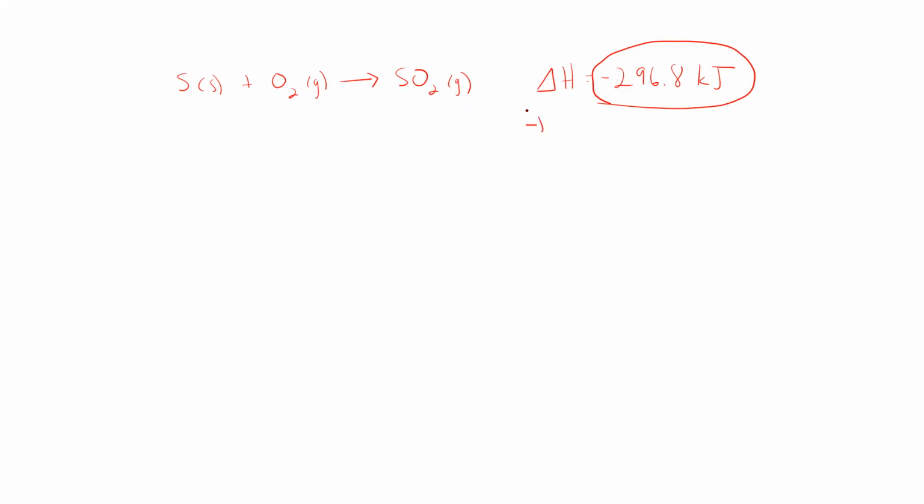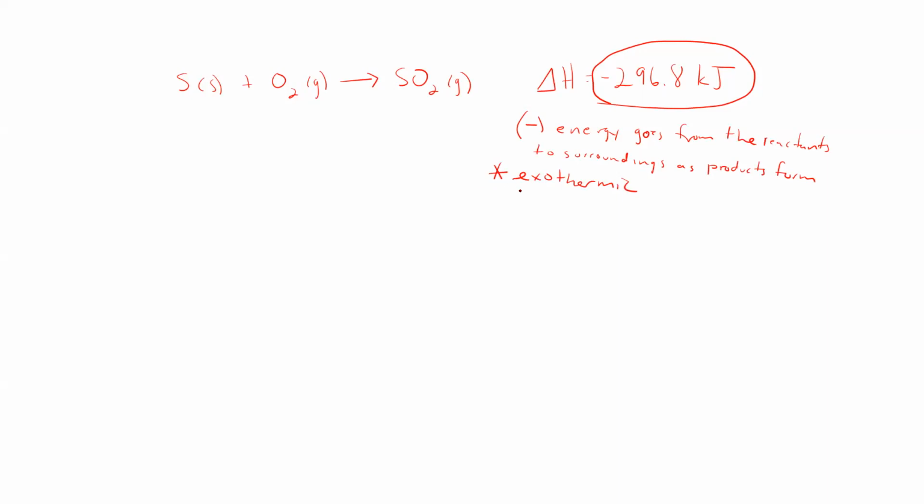So the negative enthalpy change says that energy goes from the reaction, or from the reactants, to the surroundings as products are produced. That is an exothermic reaction.